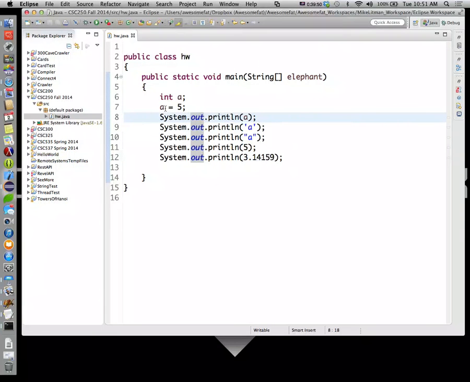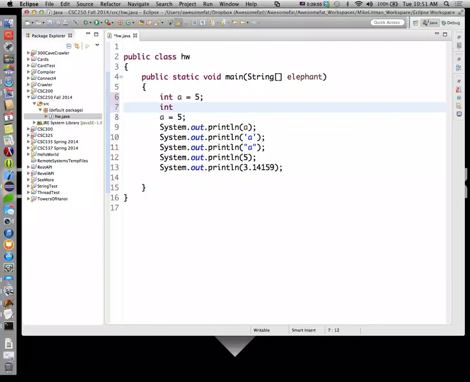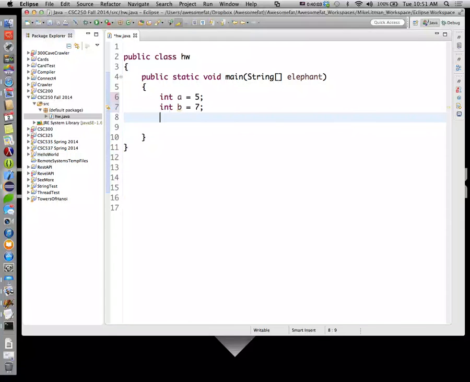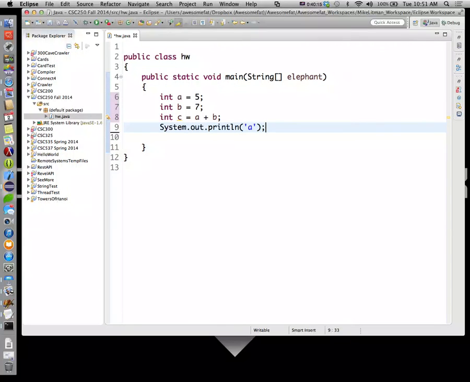Let's give ourselves a couple of variables here. We'll say int a equals 5, int b equals 7, and int c is equal to a plus b. Then we'll print out c, and let's also print out a plus b. What's the value of a? 5.